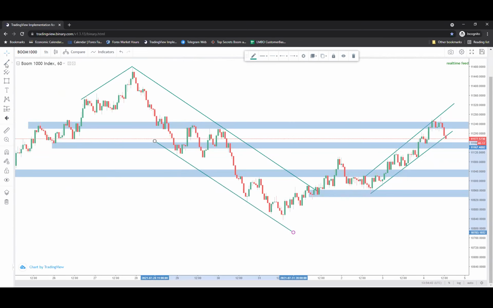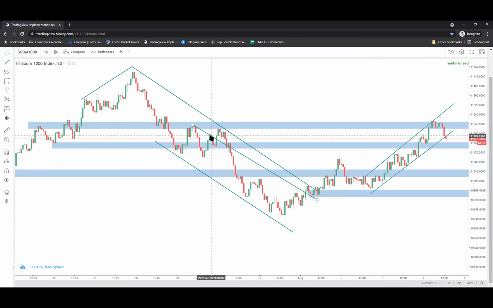Now, other than that, if you find the market is respecting inside that, you can place another trend line like that. If you find two spots, here are your two spots. So 1, 2, and 3, which I'm connecting.